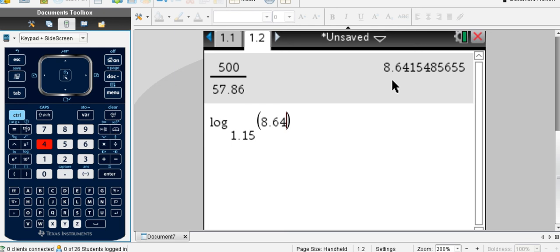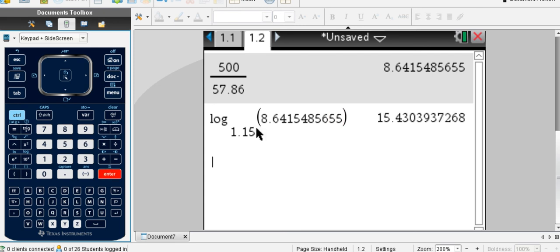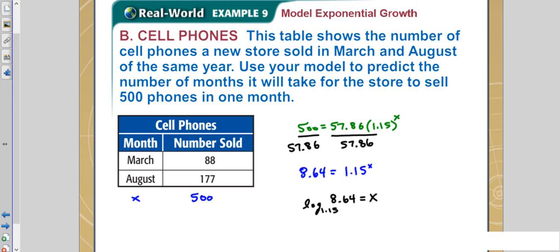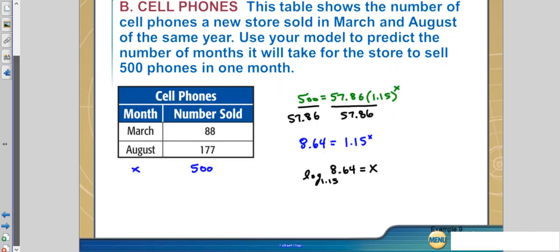And since I can see it, I'll just go ahead and type in the other values, 1.15485655. This will just give me more of an accurate answer, and that would be my value there. So now we've got our answer is 15.43 months.